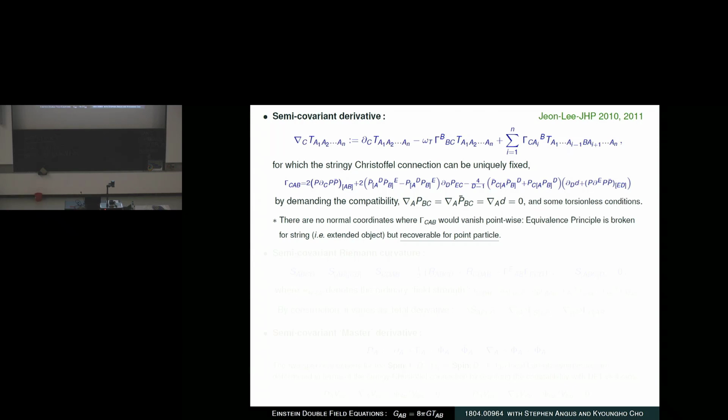Gamma can be uniquely fixed by demanding compatibility with the projectors as well as the dilaton d, and some torsionless conditions. One remark is that there are no normal coordinates where the gamma connection would vanish pointwise. In other words, the equivalence principle is broken for strings, i.e. extended objects. But it's recoverable when the whole formalism is coupled to a point particle, because the particle only sees the string-framed Riemannian metric.